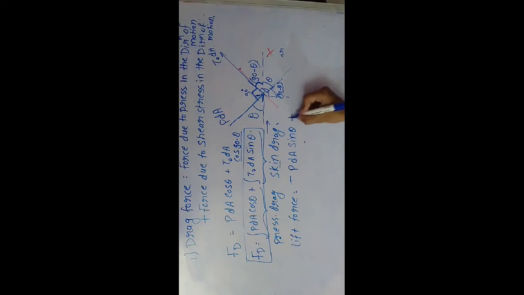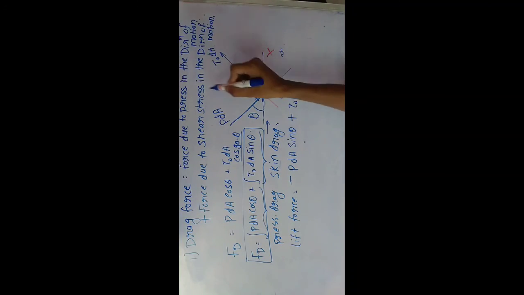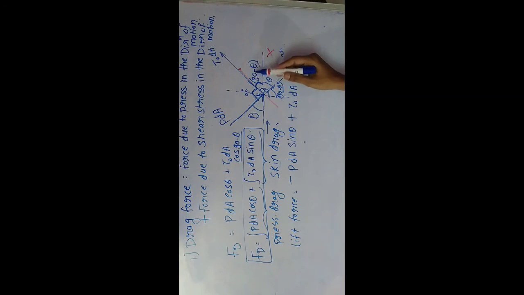Second, the shear component should be tau 0 dA, and this will be perpendicular, because the other angle is 90 minus theta, so it will be theta. So you can write tau 0 dA cos theta. This will be your lift force FL.